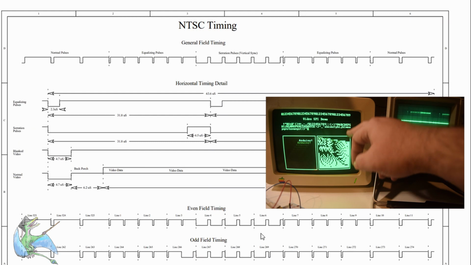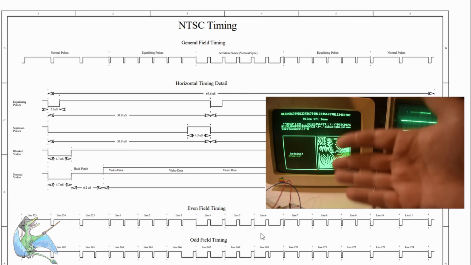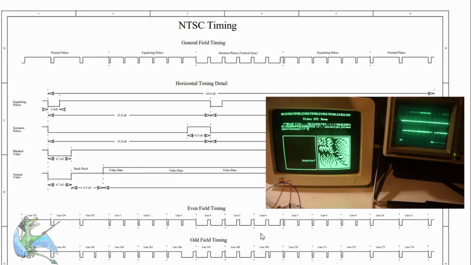So you have to do 525 lines, but each field is 262 and a half lines, and you have to send these synchronization pulses, which you can see, these equalizing pulses. We are not doing that.